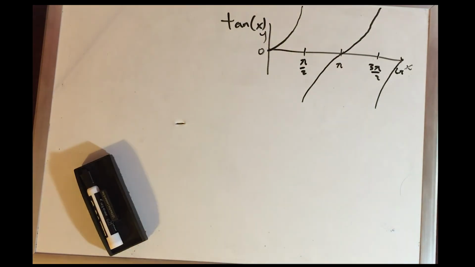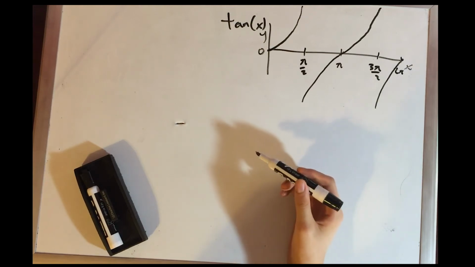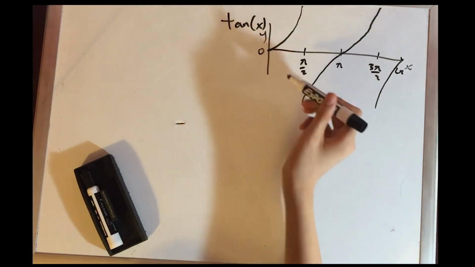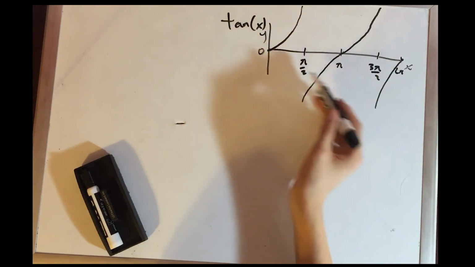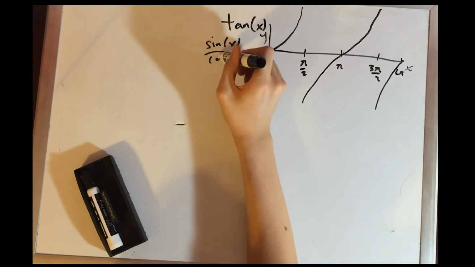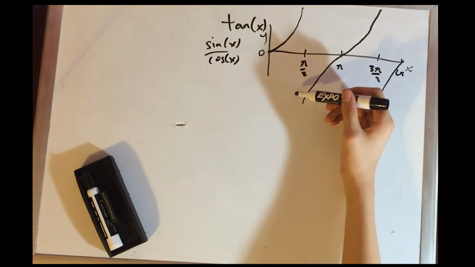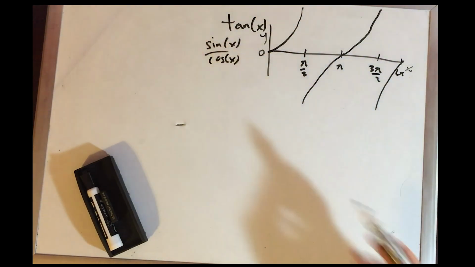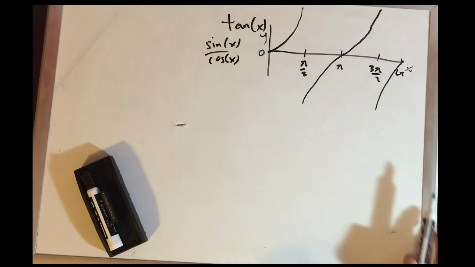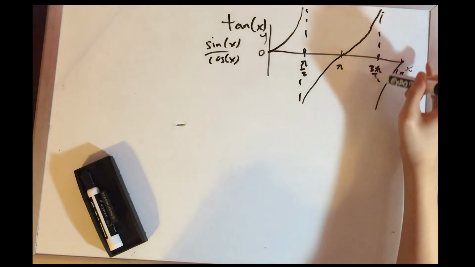So you should have your general trig functions already memorized, like what they look like. But if you don't, you can also just figure out generally what this looks like from tangent of x equaling sine of x over cosine of x. So at these asymptotes, cosine of x equals 0. So you're dividing by 0, you're going to have an undefined value, which means you're going to have an asymptote on each of these values at which cosine of x equals 0.